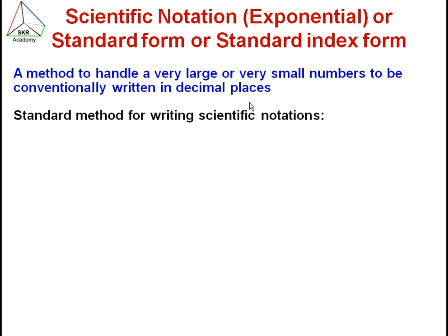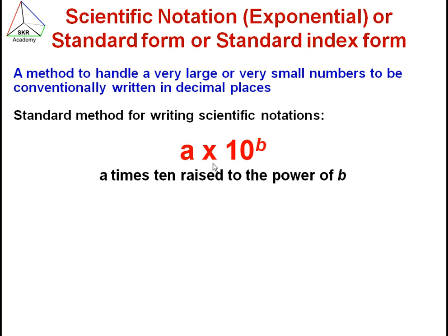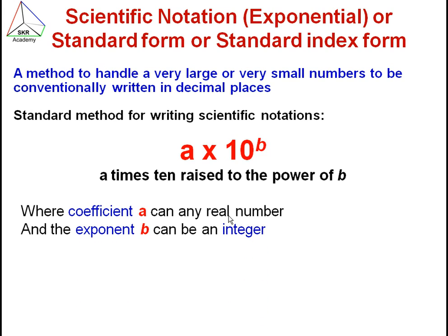There is one standard method for writing scientific notation, a very simple formula: a times 10 raised to the power of b. Here a is a coefficient and it can be any real number, and b is an exponent that must be an integer.